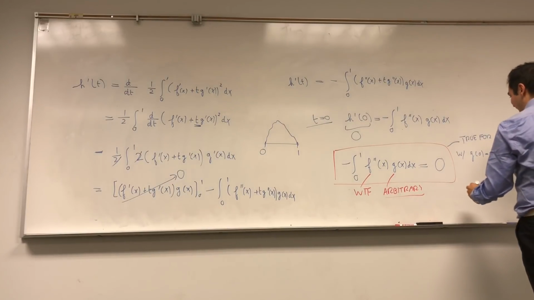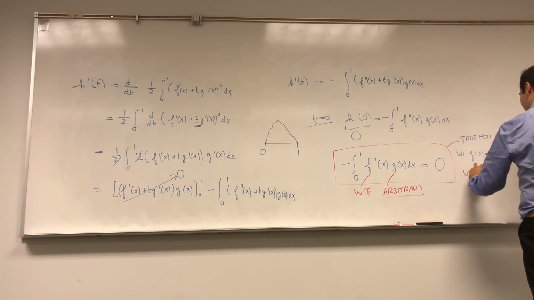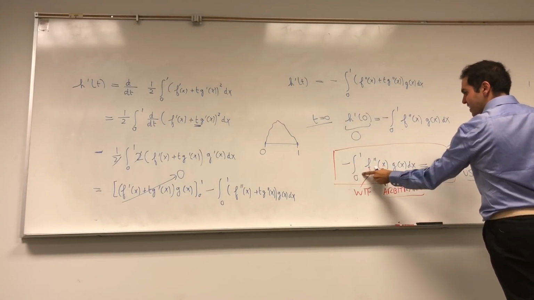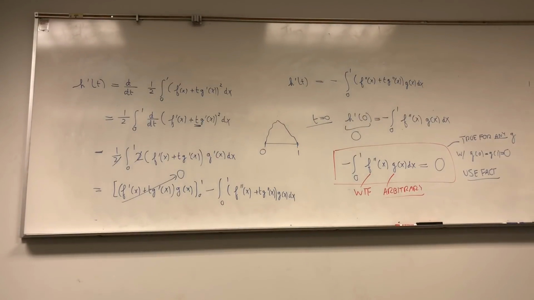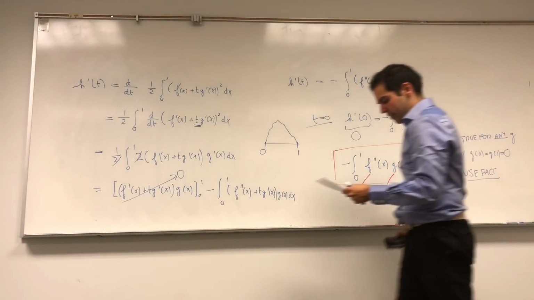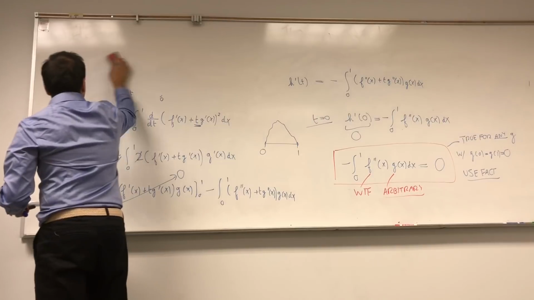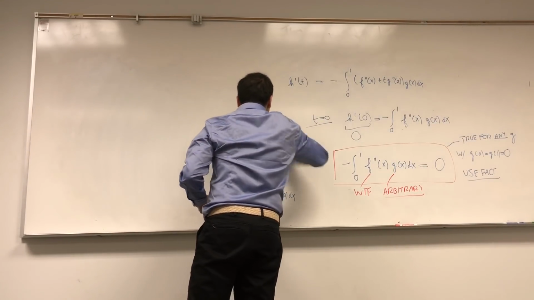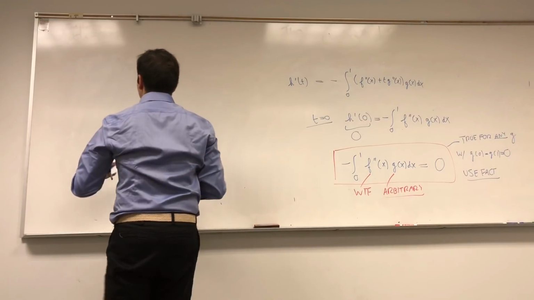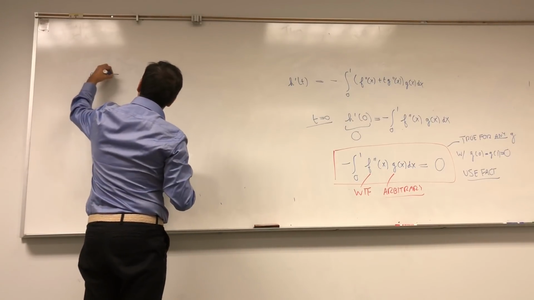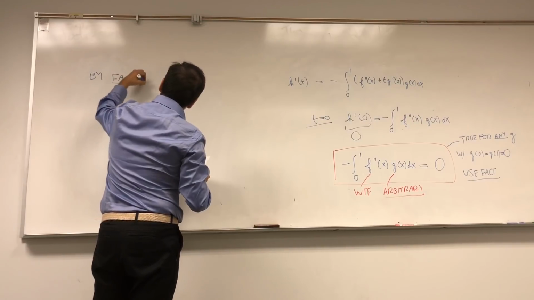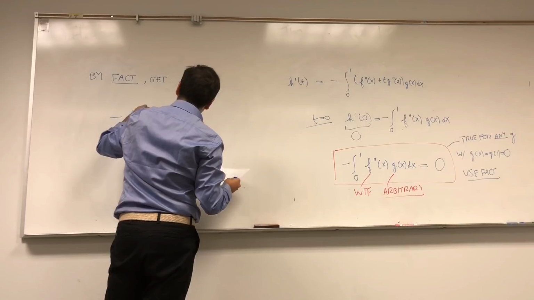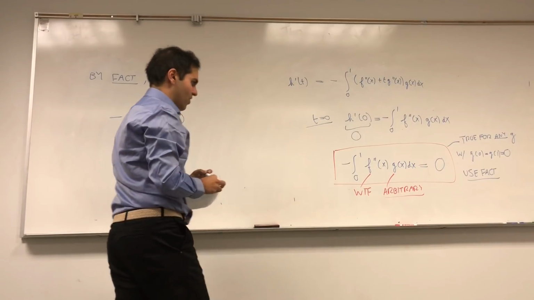So by the fact, what this fact says is that this function has to be precisely equal to 0. So we get that minus f double prime of x equals 0.